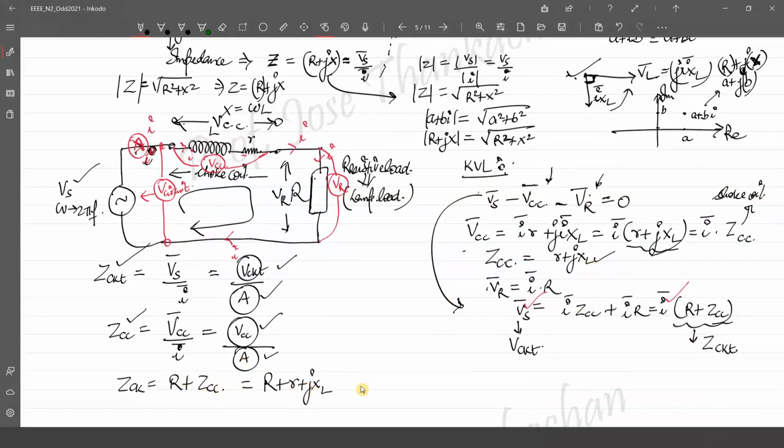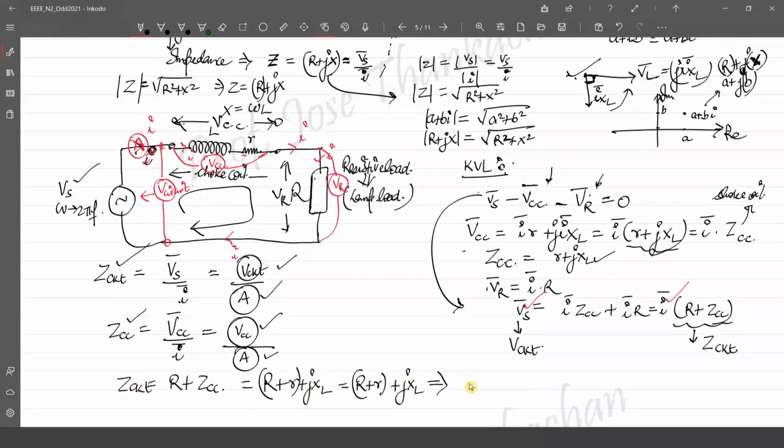So the resistances are real parts in this equation, so they can be clubbed together, and XL is the imaginary part. It can be written as capital R plus small r plus J times XL. That is Z circuit.